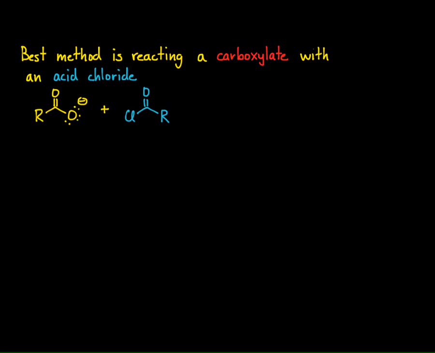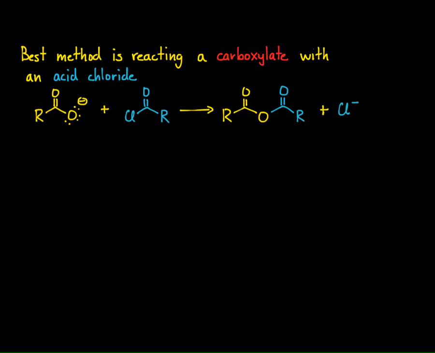Notice we can deprotonate a carboxylic acid to get the carboxylate. We can make acid chlorides taking a carboxylic acid, reacting it with thionyl chloride, and so now I have my carboxylate, I have my acid chloride, and I can generate essentially any acid anhydrides.